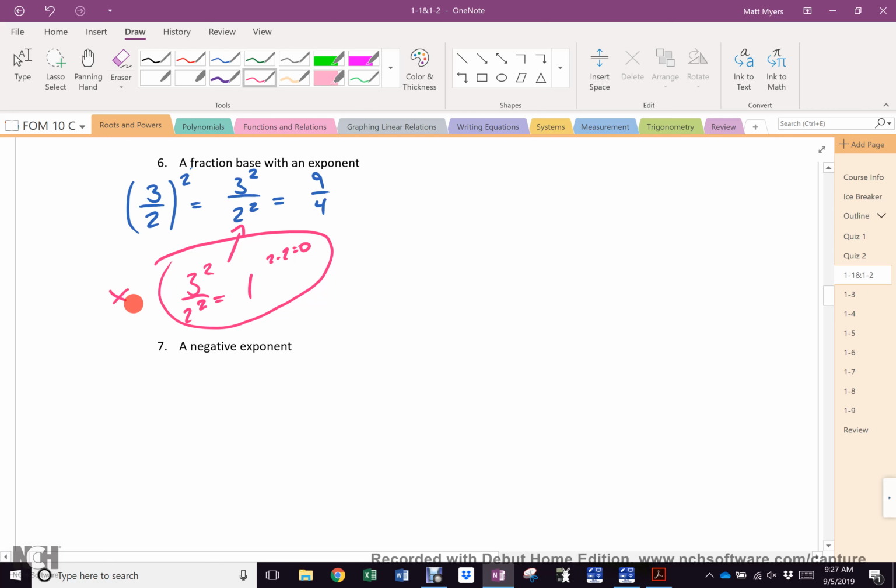Gideon? Well, because the 3 over 2 is in brackets, so you would actually solve the exponents first. That's one way to look at it. Another way you could look at it is they're different bases, so this law doesn't apply because 3 and 2 are not the same base.